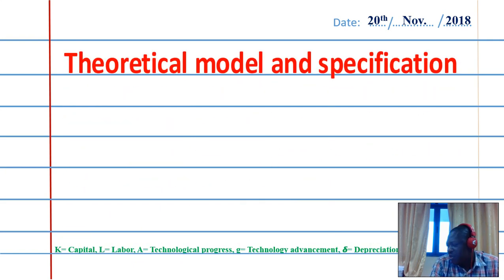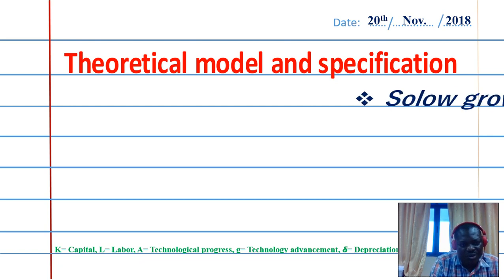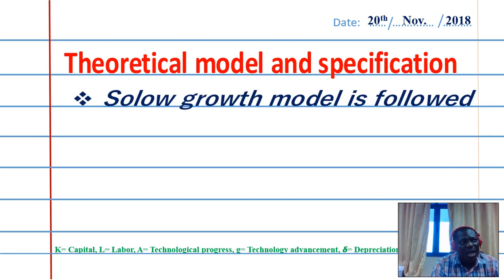Some basic theoretical model and specification. I use basically the Solow growth model, and basically the Solow growth model relates income or productivity, income or output to the relationship between savings, population growth, and other variables.